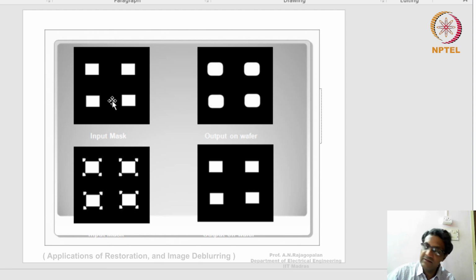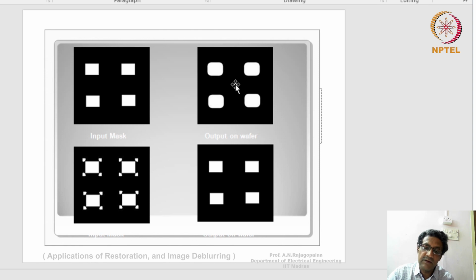Now, if you see this example, if you try to take a mask that is already sharp, the idea is that the binary pattern should emerge like this on the wafer. But if you think that the original mask should also be of the same shape as your final output, then when it goes through the optical process, all these corners become rounded, which means that the binary pattern that you end up seeing is not sharp like the one that is in the mask.